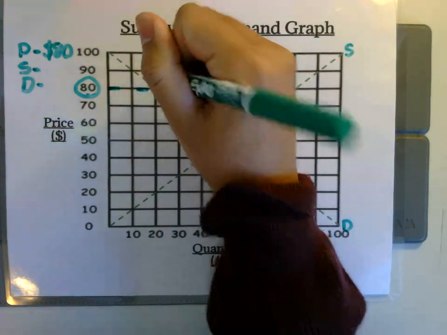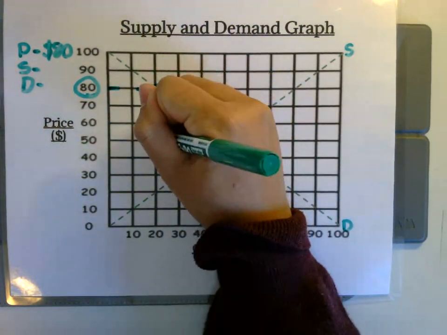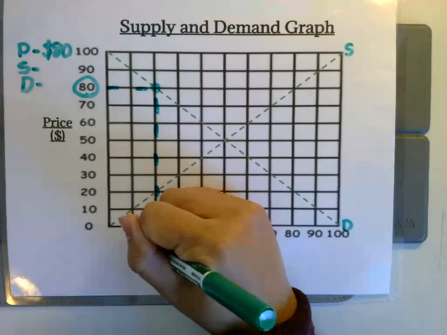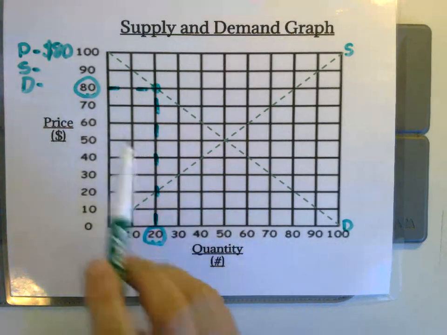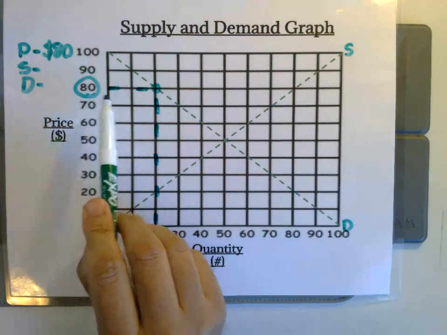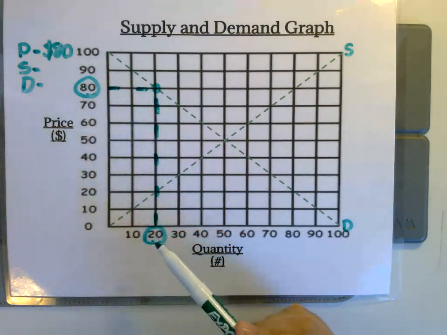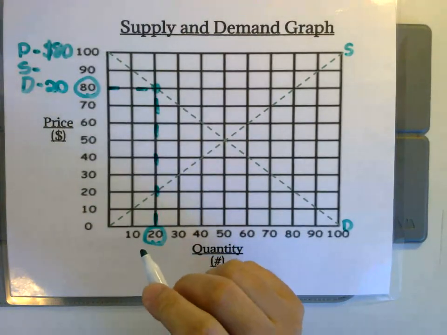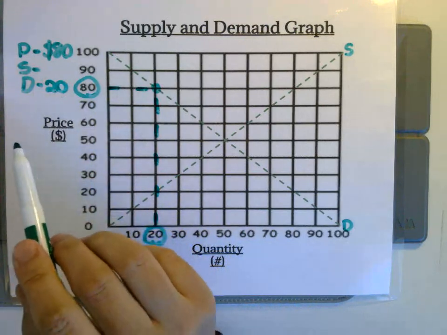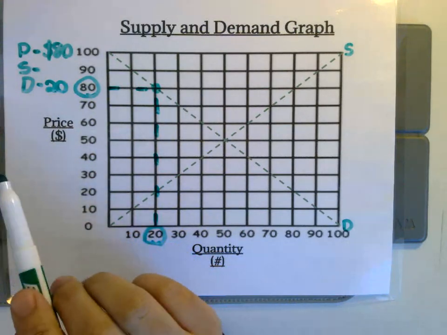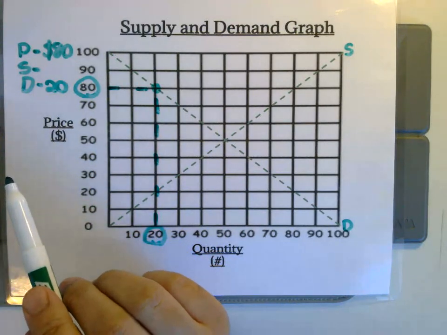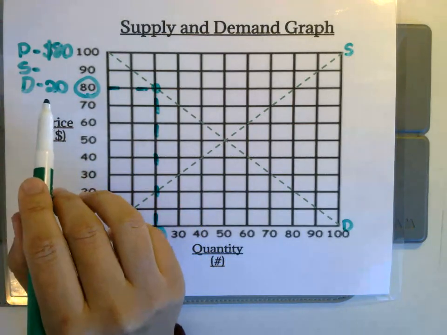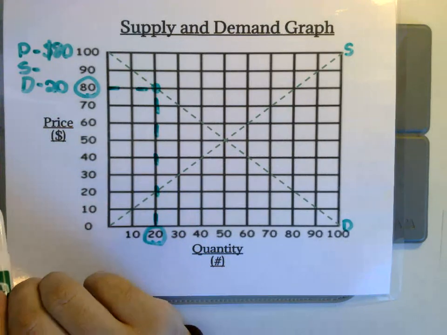So when you hit that line, you would go down to your x-axis and know that at $80, at your demand, you have 20 units being demanded. Now you should put units or shoes to make sure that is how much is being demanded. But right now we can just put 20 for 20 shoes being demanded at $80.